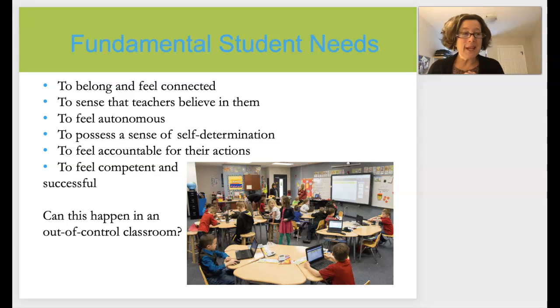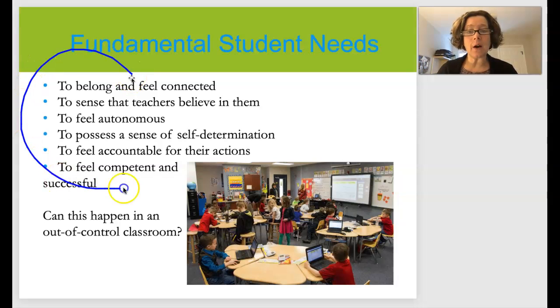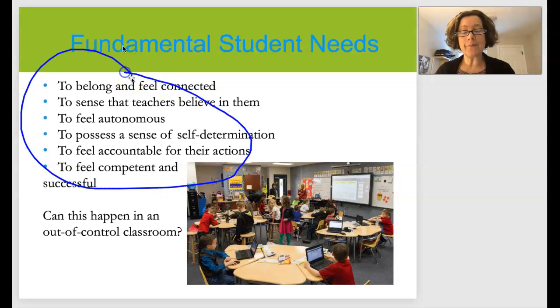This, however, doesn't mean that the class is just sitting in rows and they're quiet and there's no interaction. This can definitely happen in interactive, active classrooms, but at the core of it is a real sense of control in a positive way, and a real sense that these needs are being met.